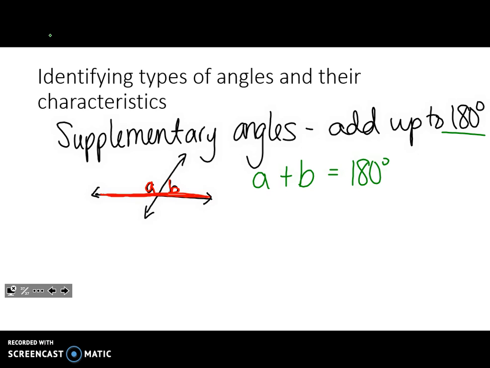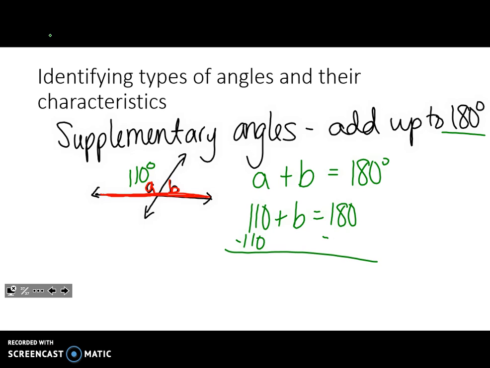For example, if I said that angle A is 110 degrees, you could plug that in for A and solve for angle B. So angle B would be 70 degrees.